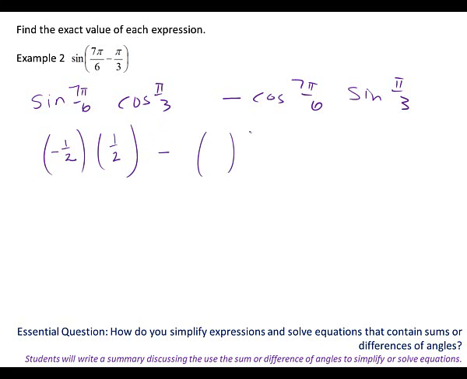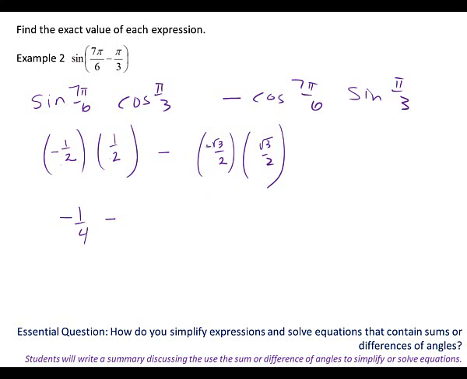Good. What is the cosine of 7 pi over 6? Negative 1/2. Good. What is the sine of pi over 3? Square root of 3 over 2. Again, all of that was reading the unit circle. Now we're going to do some arithmetic. So it's negative 1/2 times 1/2.